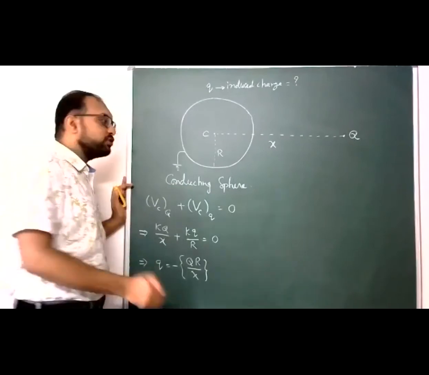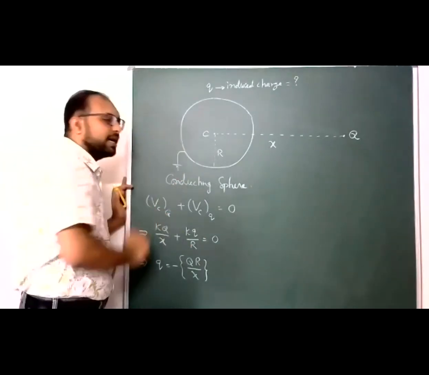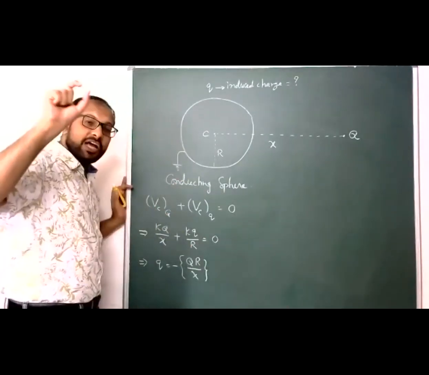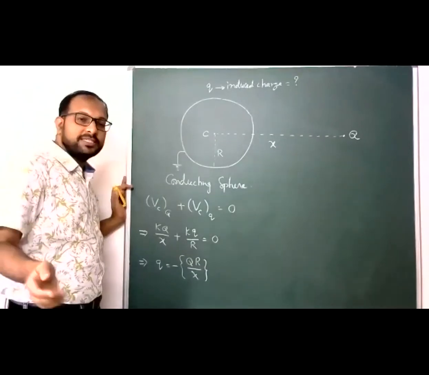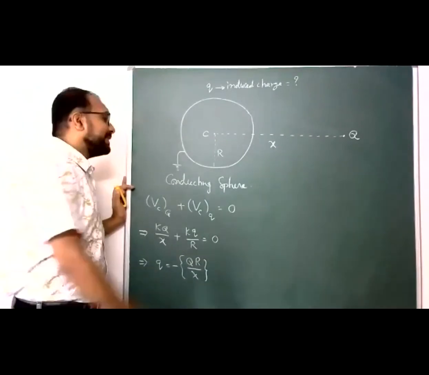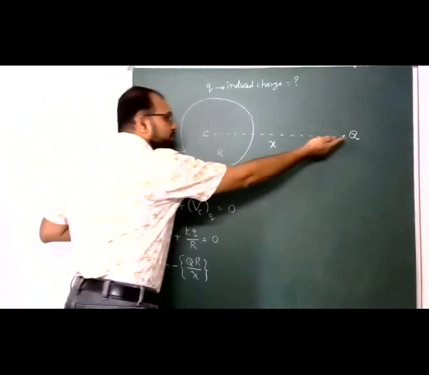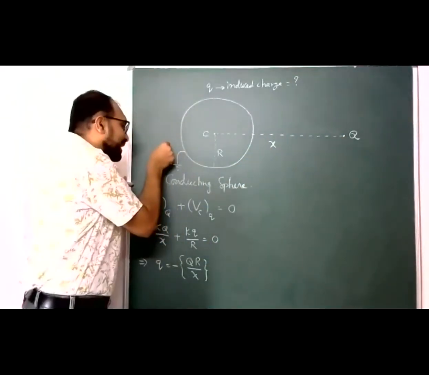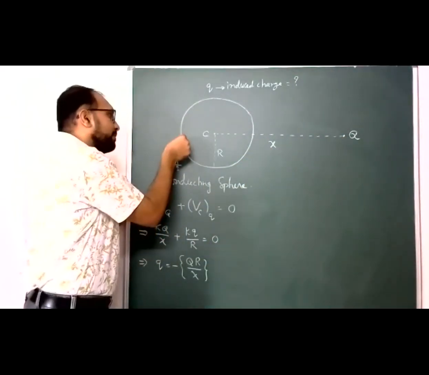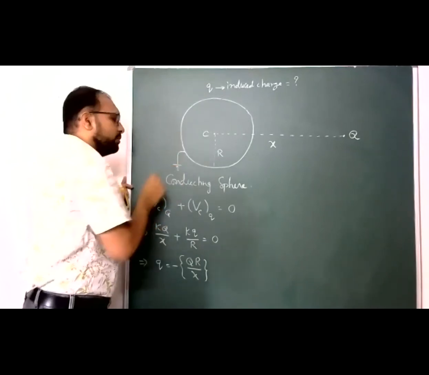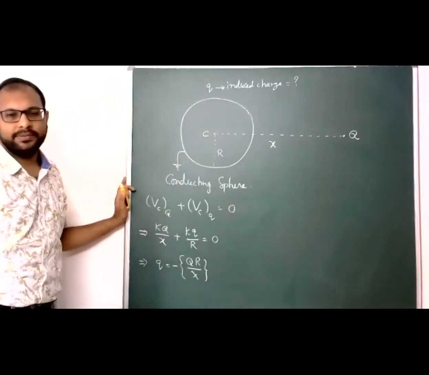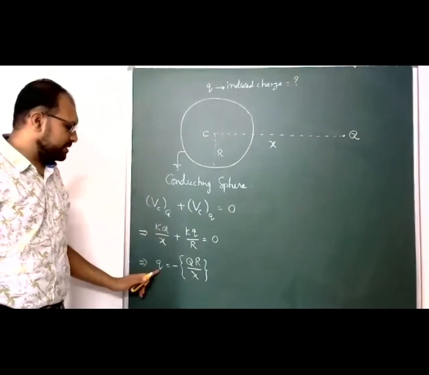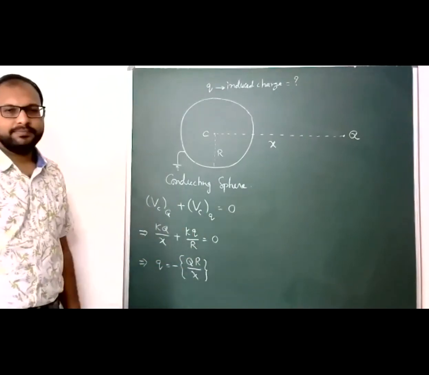That means positive charge moved from sphere to the ground. The direction of motion of positive charge is the current. So there is a current flow from sphere to the ground.